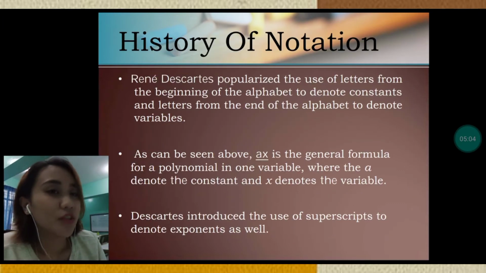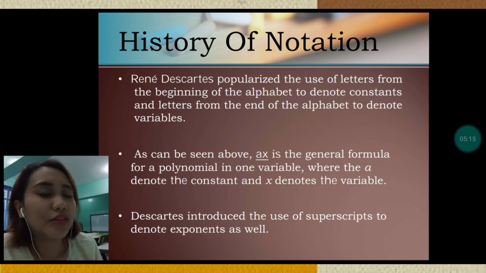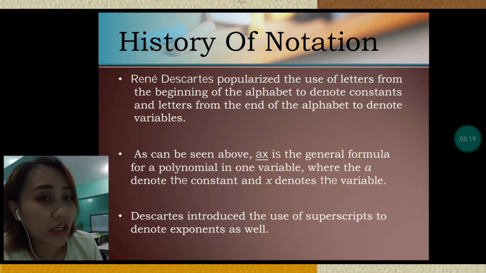So, history of notation. René Descartes popularized the use of letters from the beginning of the alphabet to denote constants, and letters from the end of the alphabet to denote variables. René Descartes is a famous French mathematician.